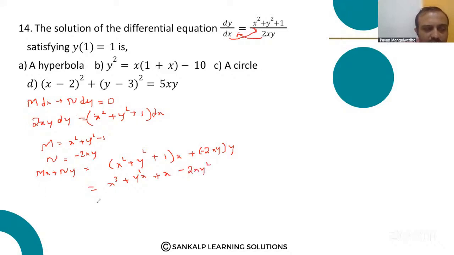So this can be written as x cube minus x cube, okay, x cube minus xy square minus 2xy square plus xy square. It will become minus xy square plus x. Okay. So by taking x as common, that is x square minus y square plus 1.